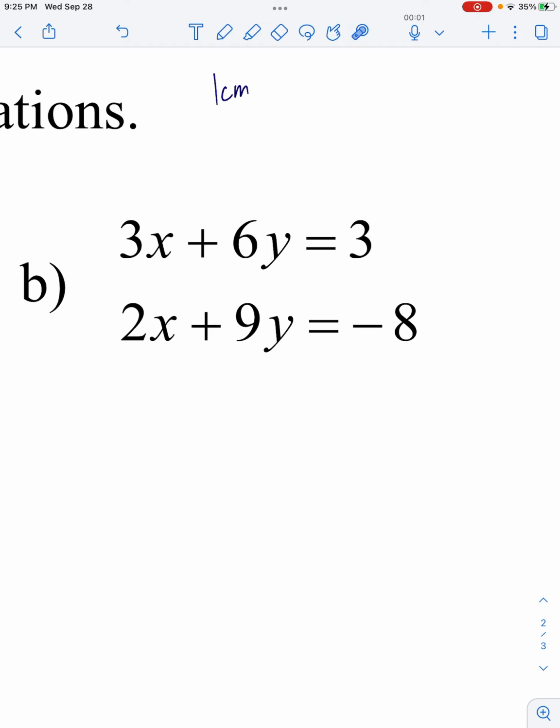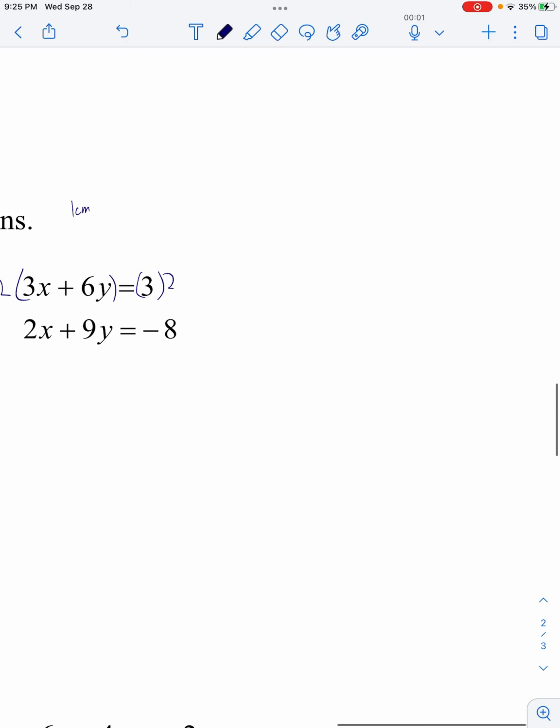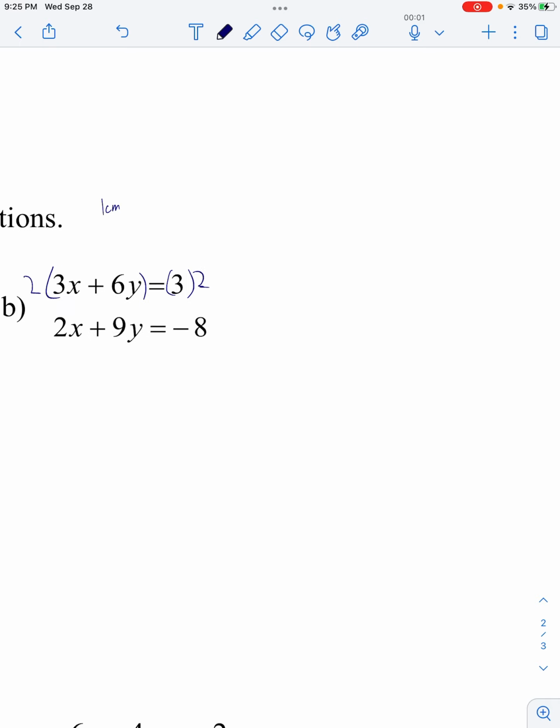I want this to be a positive 6, so to get 3 to be a positive 6, I multiply by 2. I'm going to multiply both sides of this equation by 2. That gives me, distribute, 6x plus 12y equals 6.